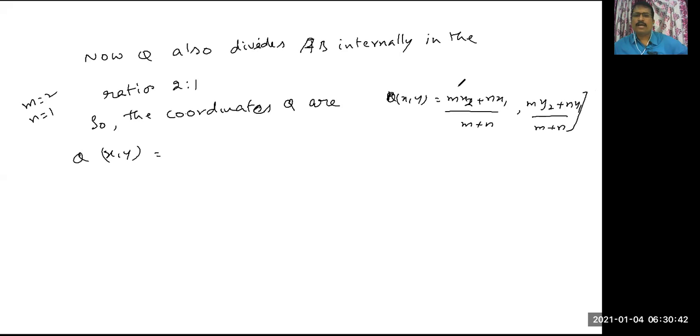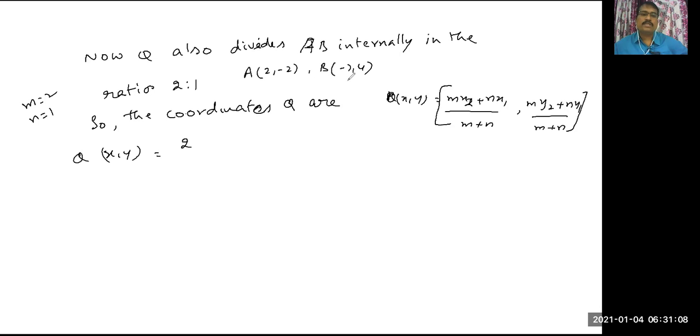This is the formula. You should know it by heart. So this is the section formula. So as usual here m is 2 and n is 1. A (2, -2), B (-7, 4). That's it.